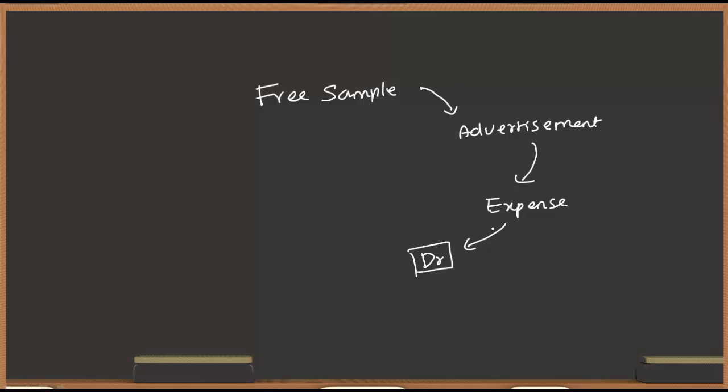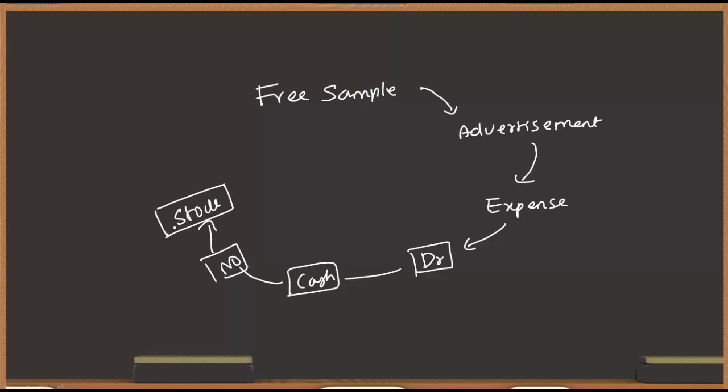Now for this advertisement, whether the company had paid cash, is there any cash payment? The answer is no. What has happened? The company has given stocks. That is, the samples have been given. Now this stock is taken from what? It is taken from purchases. When the purchase is made, it would have been debited. Now this purchase account is losing its value.